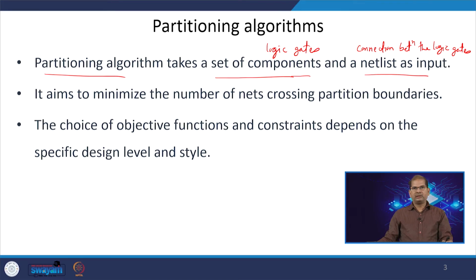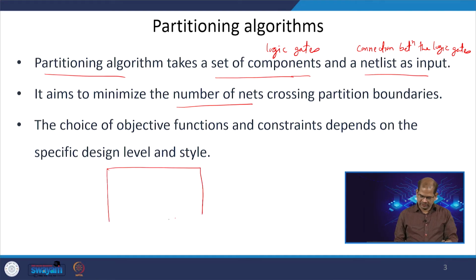So, what is the final aim of a partitioning algorithm? It minimizes or reduces the number of nets crossing the partition boundary. So, I have this block, which is the original design.